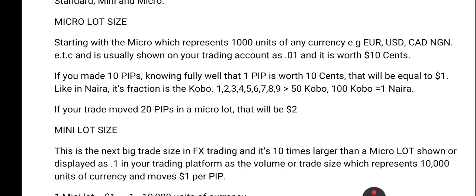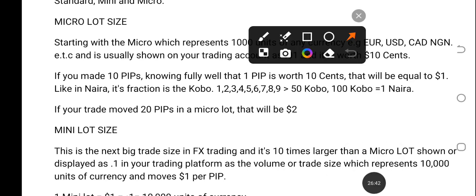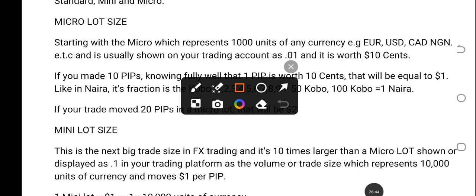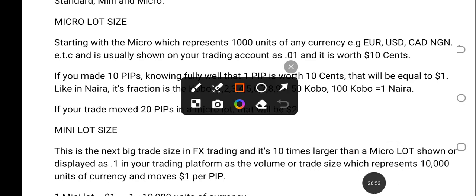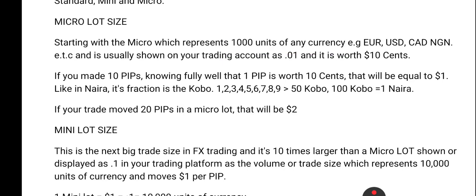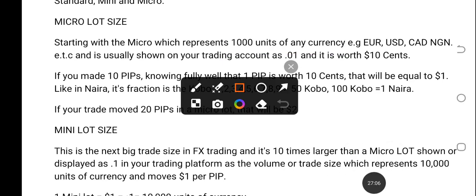Okay, and on your trading platform, to trade with a micro lot, you need 1,000 units of currency. And that 1,000 units of currency is written as 0.01 on the trading platform.